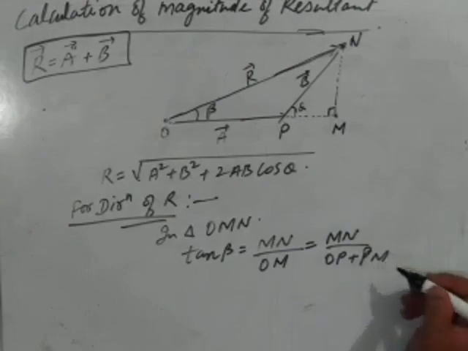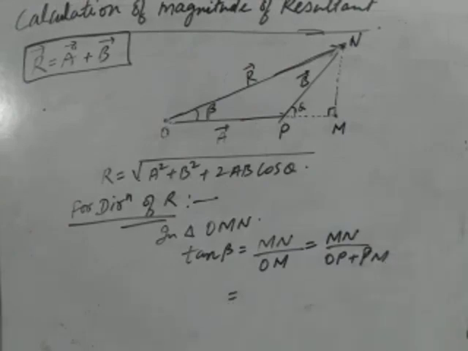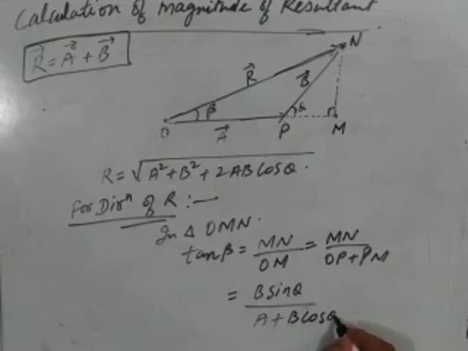So we will put all the values. MN is equivalent to B sin theta, which we have calculated earlier, OP equal to A plus PM equal to B cos theta.